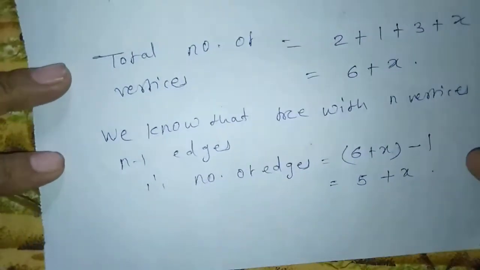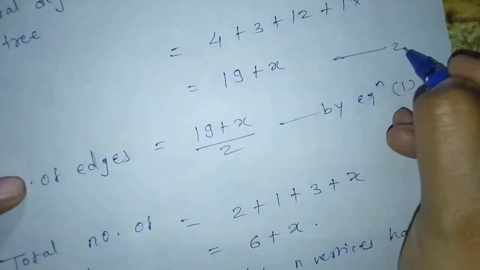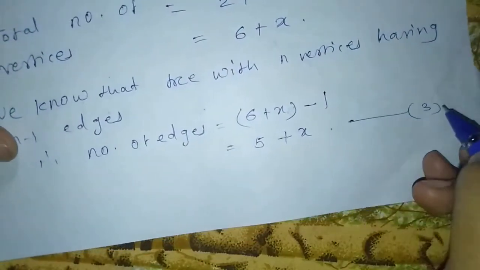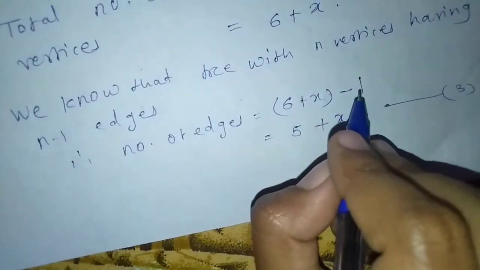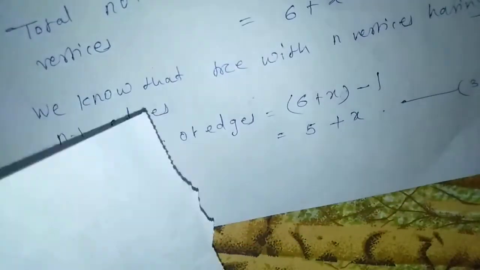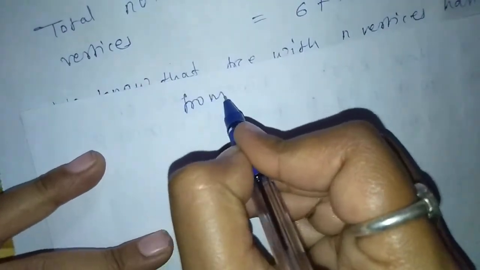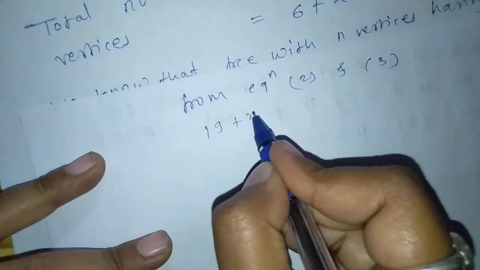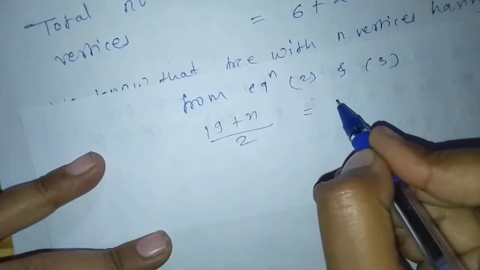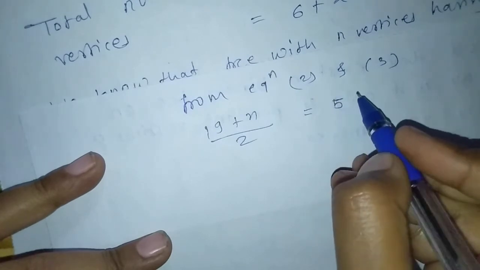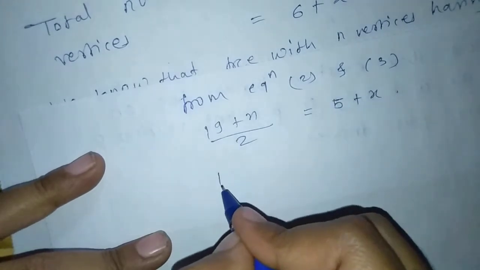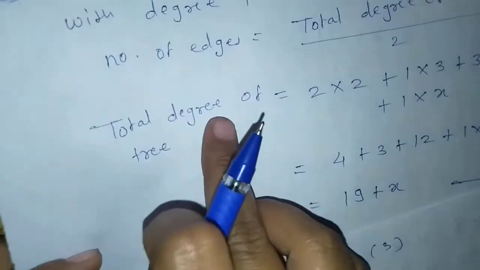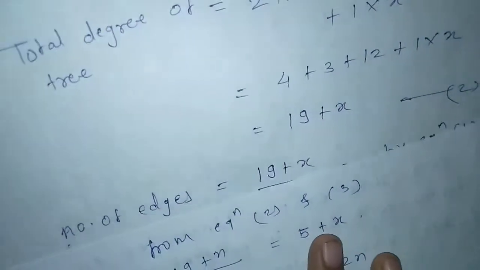So this is equation 2, total degree of tree, and this is equation 3. So from equation 2 and 3, we get 19 plus x upon 2 is equal to 5 plus x, means 19 plus x is equal to 10 plus 2x. Here 19 plus x is the total degree of tree, not the number of edges.